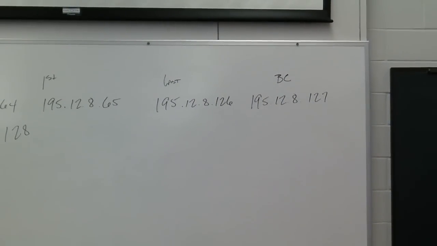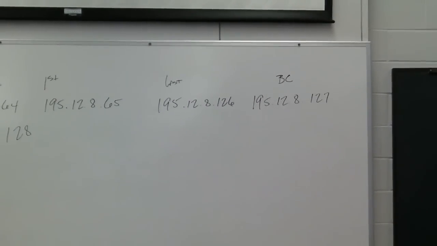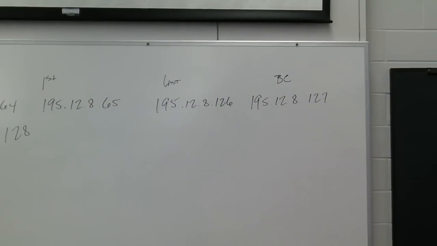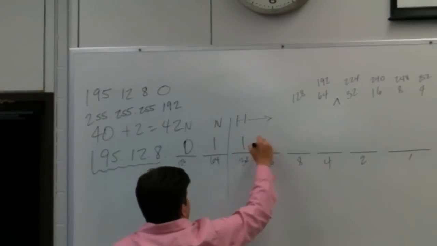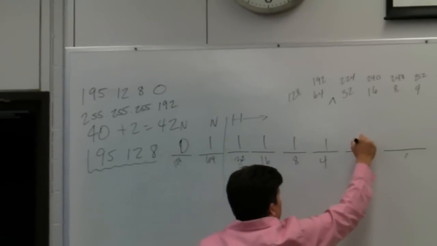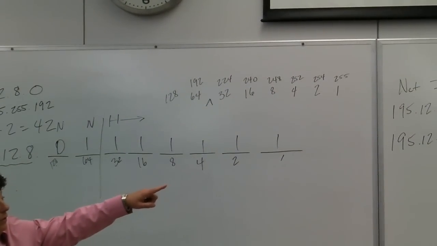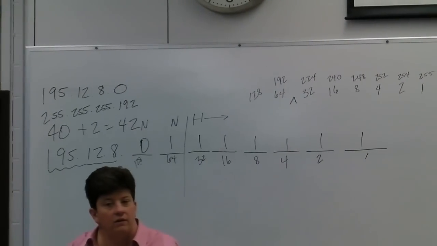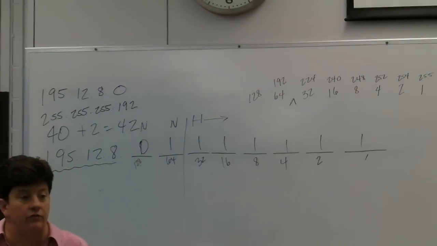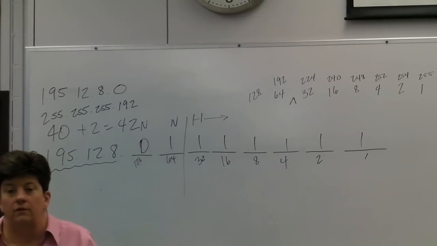Notice it does not end in 255. Right? But, if this is what I have up here, sorry. If you add all this up, it's going to be 127. Isn't that all ones in the host portion? That's your broadcast address. Okay?